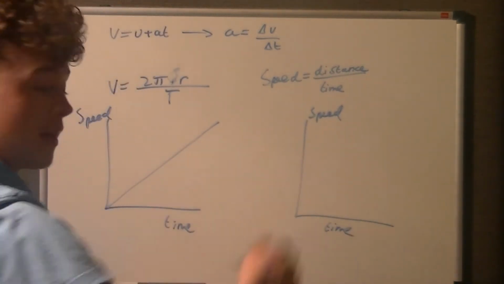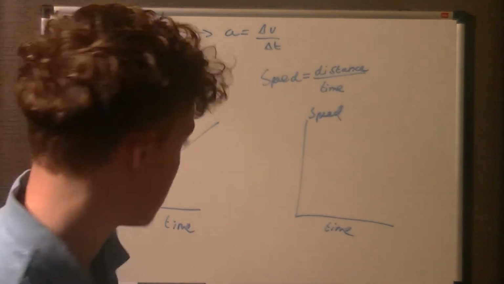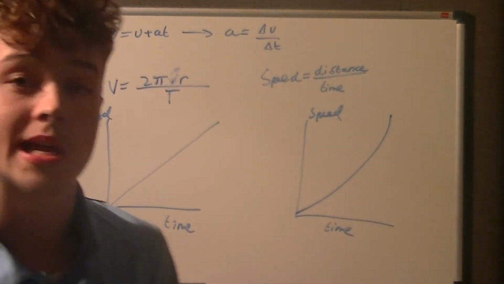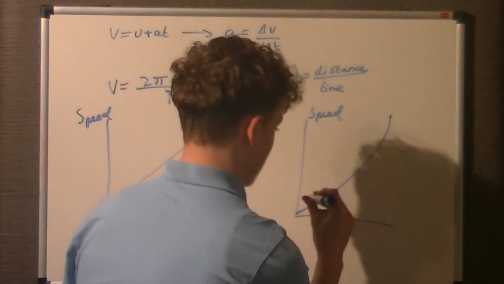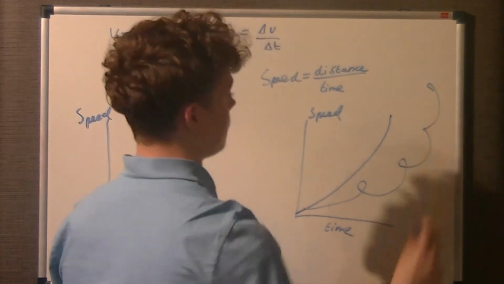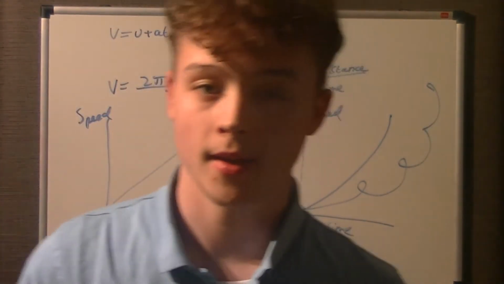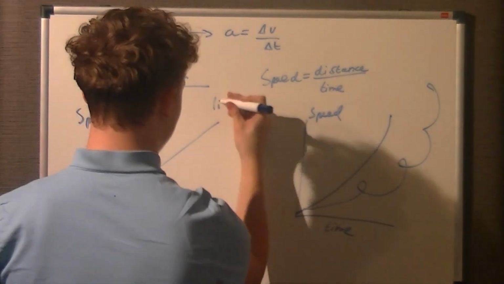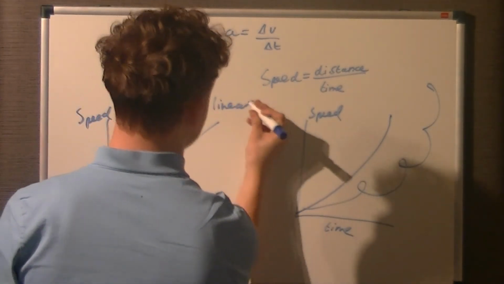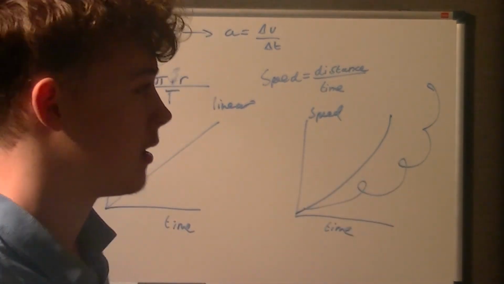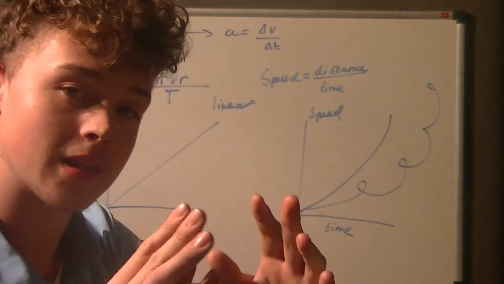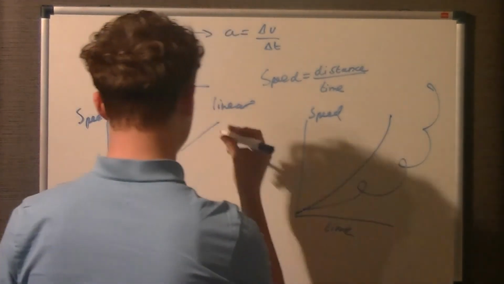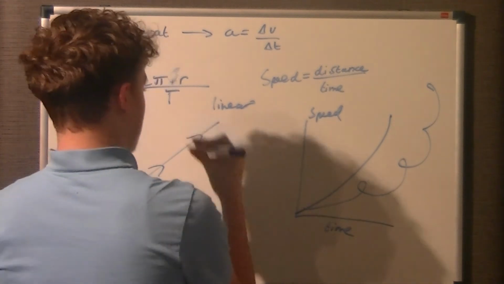So that is a straight line that represents uniform acceleration. However, non-uniform could do anything. It could do this. Probably not a loop, but you get the faint idea. When I say linear, I mean perfectly straight, absolutely linear. So that is a straight line.